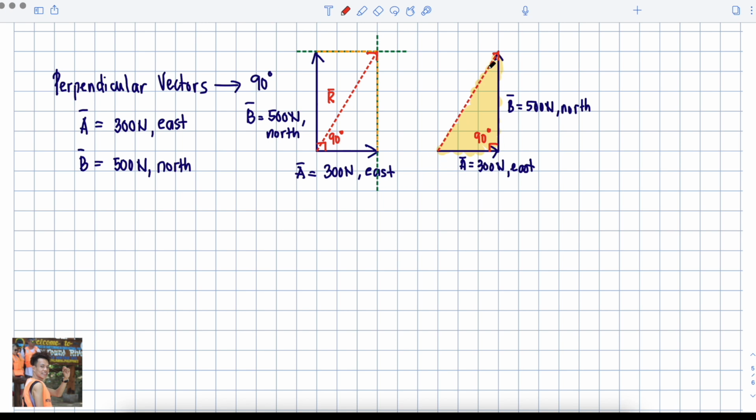Now, since the triangle is a right triangle and the resultant is the longest side, or longest leg, of the triangle, then this is considered to be the hypotenuse.